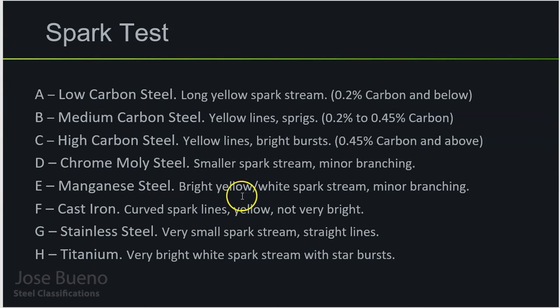So here are the answers. A was low carbon steel, so this is basically anything that's 0.2% carbon and below. B is medium carbon steel. C is high carbon steel, chromoly steel, manganese steel, cast iron, stainless steel, and titanium.